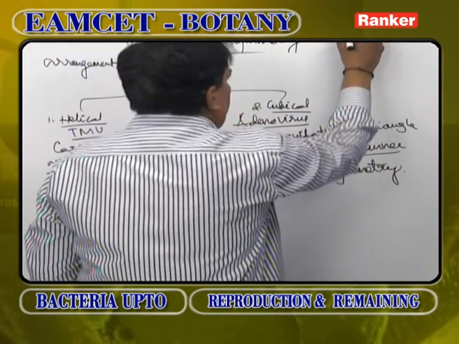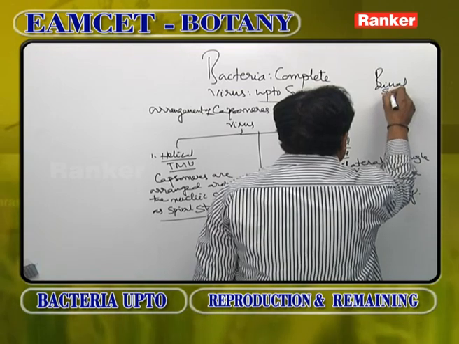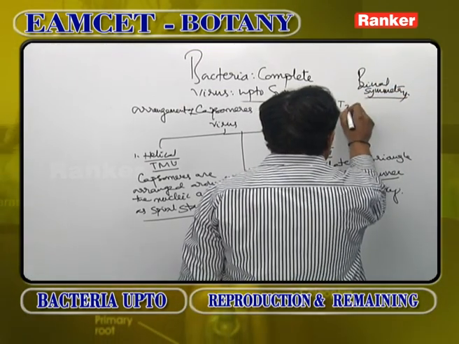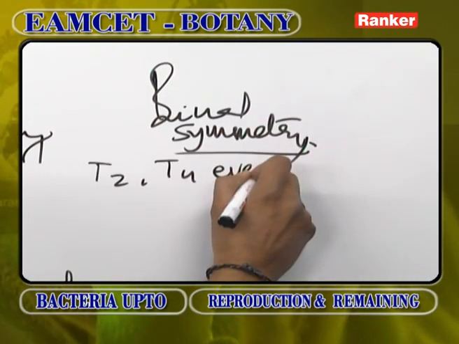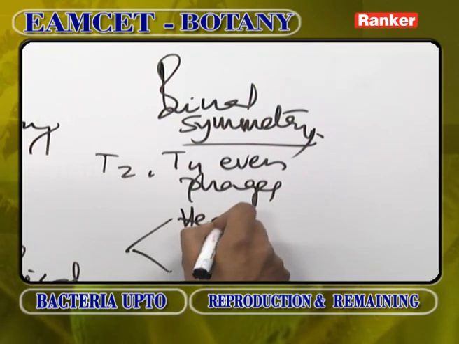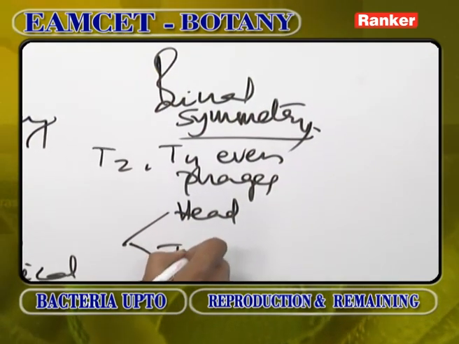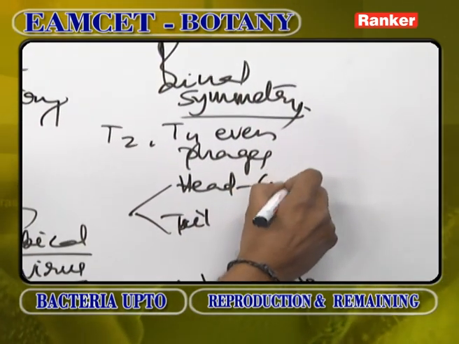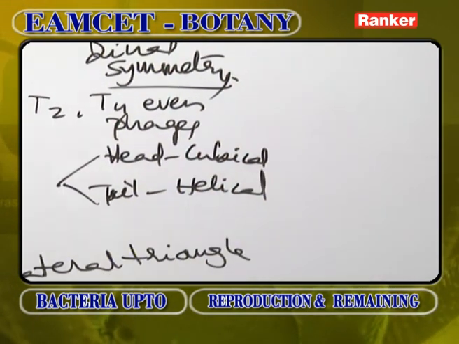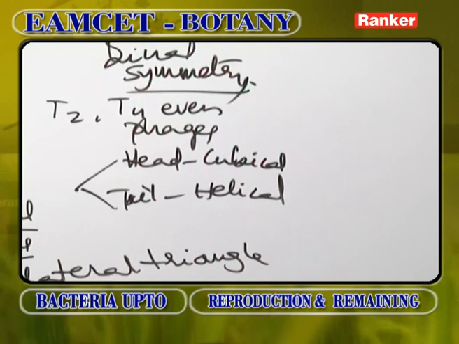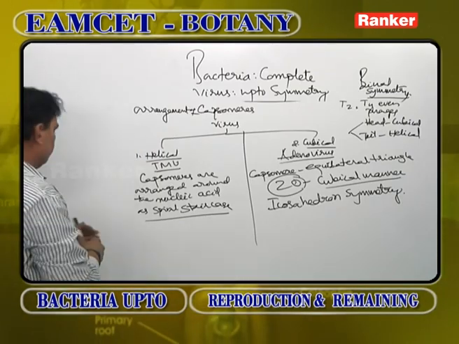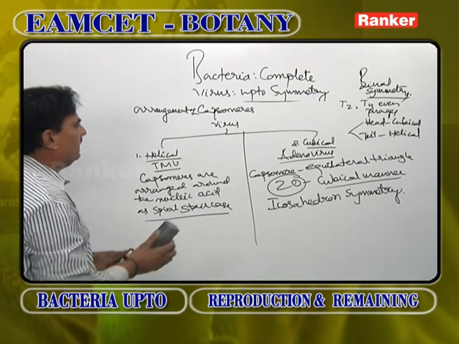There is another symmetry called binal symmetry, seen in T2 and T4 phages. What does binal symmetry mean? Every bacteriophage has two parts, head and tail. The head shows cubical symmetry and the tail shows helical symmetry, so two types of symmetry are seen.